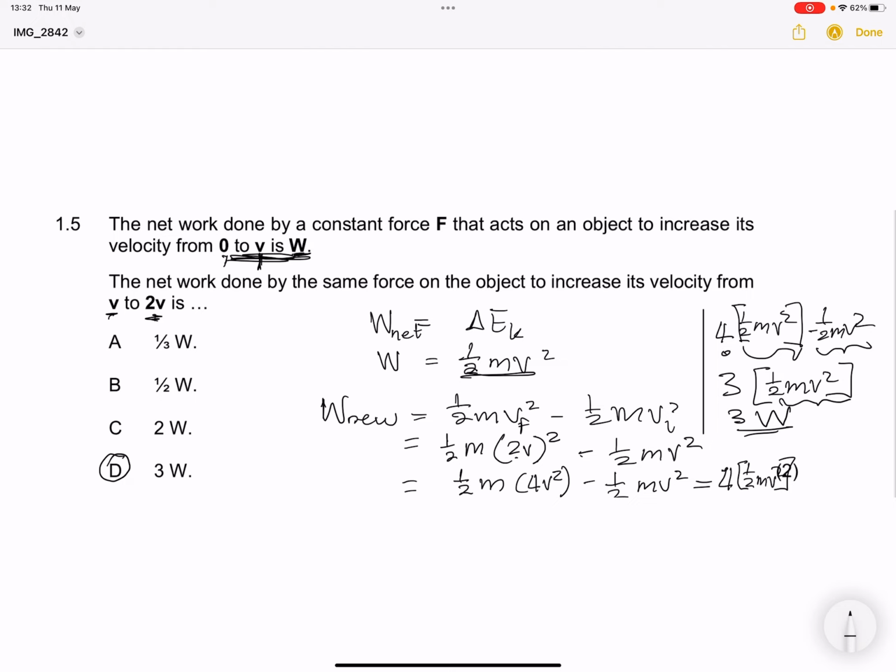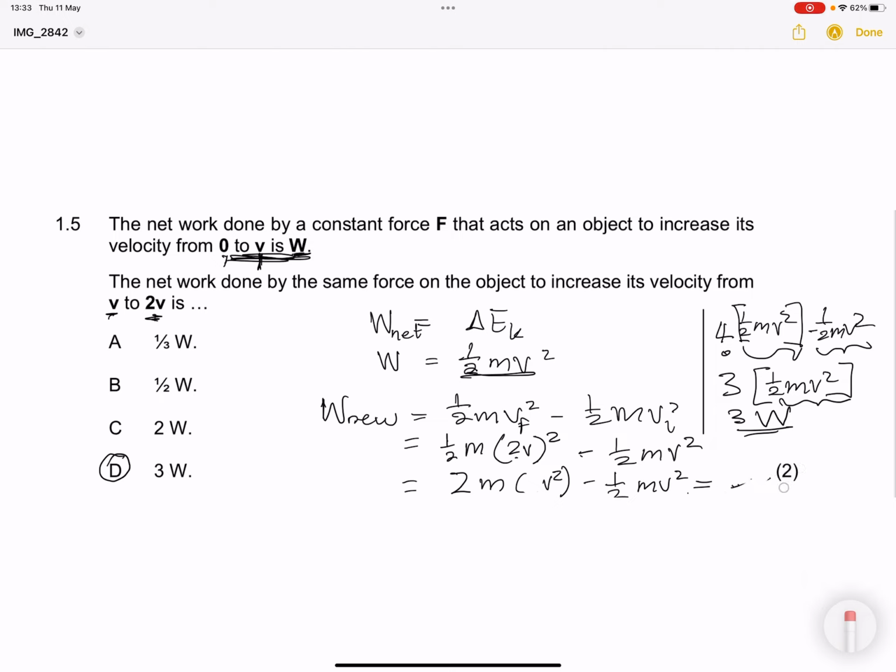I hope I managed to explain that well enough. You can look at it in whatever way that you want. If you wanted to, you could have said, well, if I multiply half times 4, that would give me 2 mv squared. 2 mv squared minus half mv squared would give you 3 over 2 mv squared.